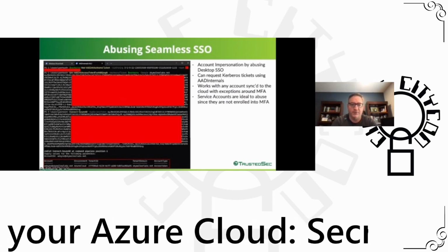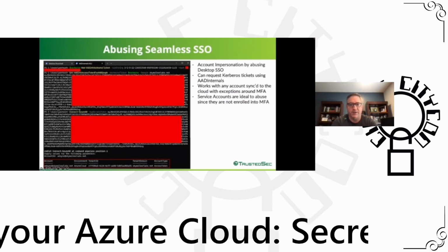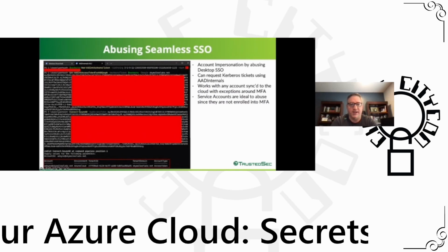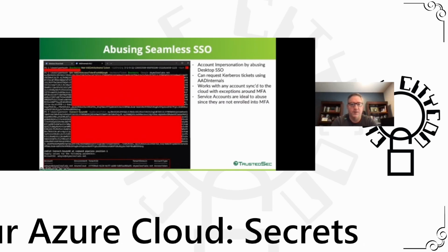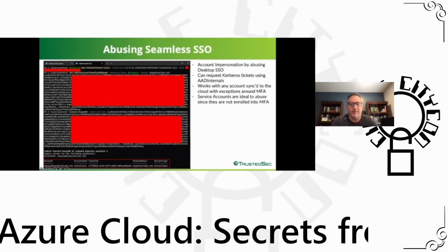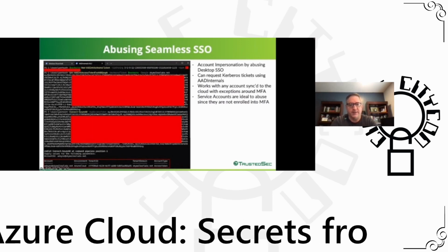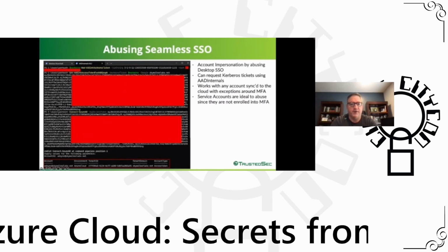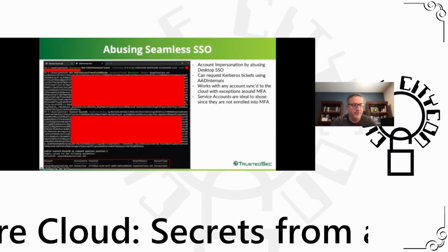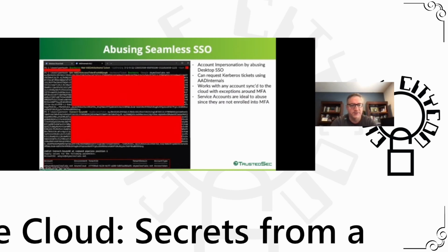You won't be able to impersonate cloud-only accounts, but you can request a Kerberos ticket, impersonate any user that you want to, and get an access token. And so that's where things like global admin could actually be very achievable if you're running a service account that has global admin privileges.